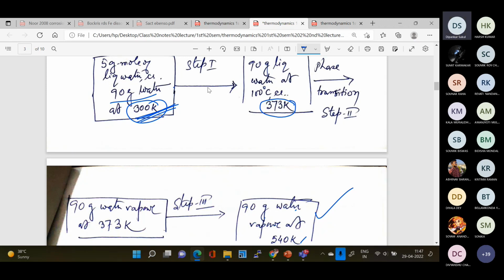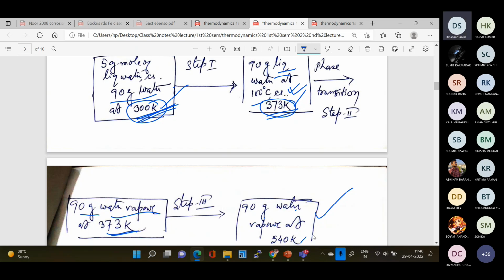Hence, the initial step will be conversion of liquid water from 27 degrees centigrade to 100 degrees centigrade. Now, this is liquid water at 1 atmosphere pressure and 100 degrees centigrade. Here, phase transition will happen, and you will get 90 gram water vapor at 373 Kelvin.